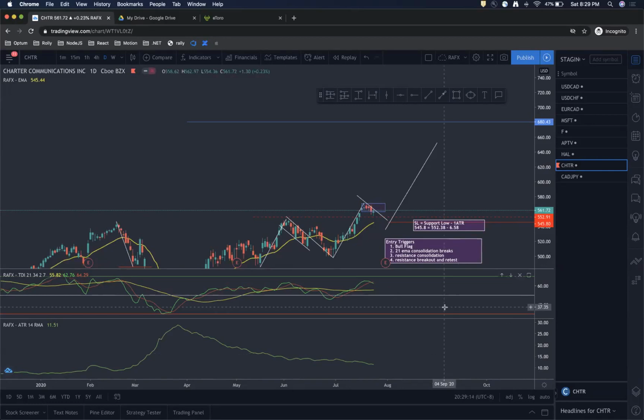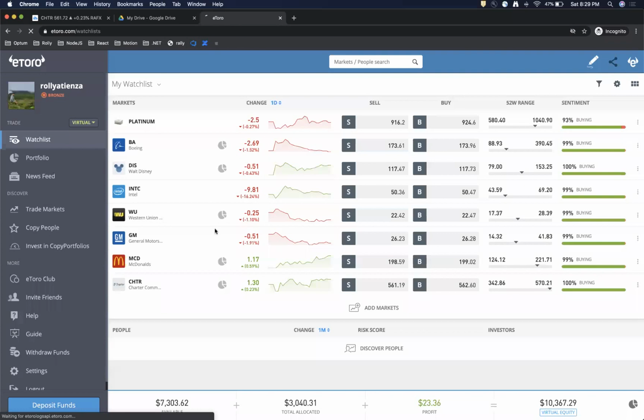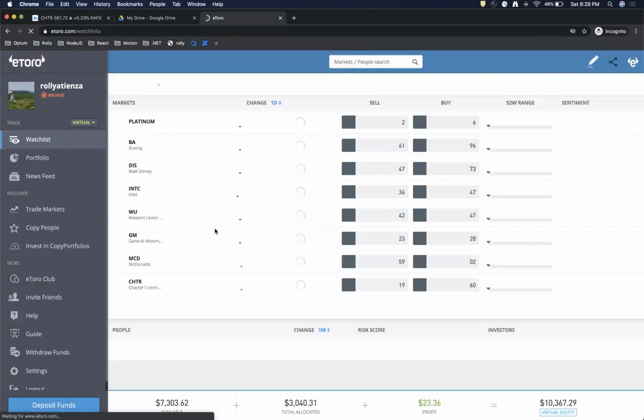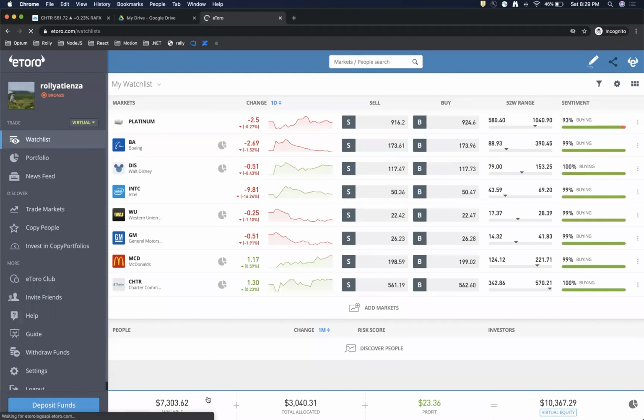Okay, so to put that into action, we are going to use the eToro broker. Okay, so this is my eToro virtual account.